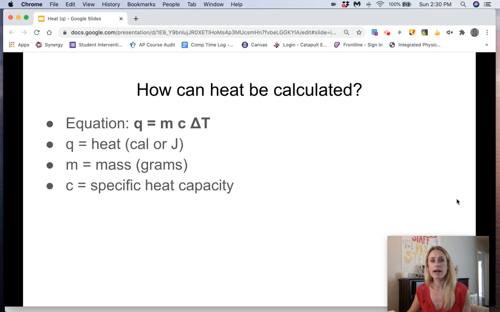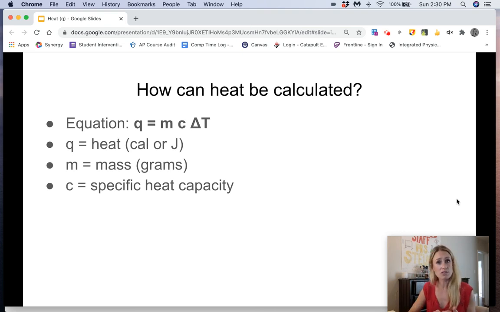Now notice how I have mentioned the units for heat and mass, and I will mention the units for temperature as well, but I don't mention the units for specific heat capacity. This isn't because it doesn't have units, because it does. But one thing that I want you to keep in mind and be really careful of is that sometimes you have to really look at what units they give you for specific heat capacity to make sure that your other things are in the same unit. So you'll see specific heat capacities in calories per gram degree Celsius.